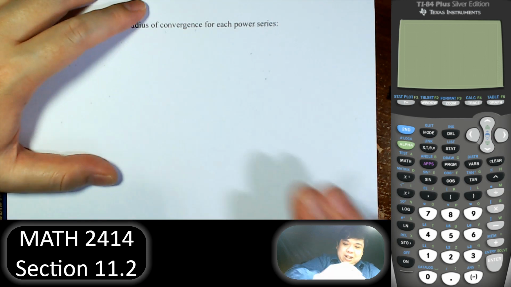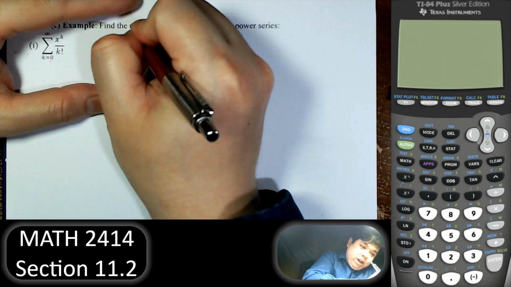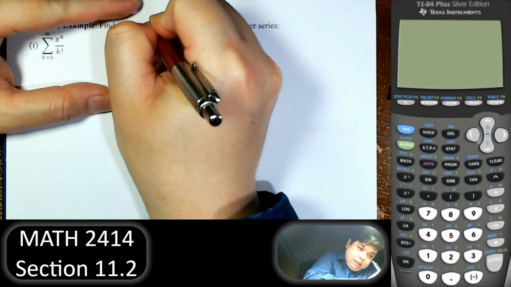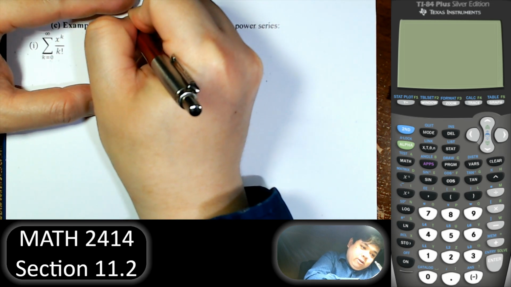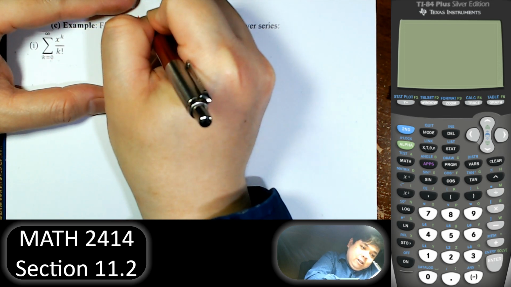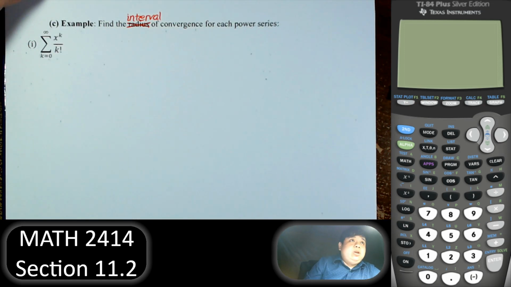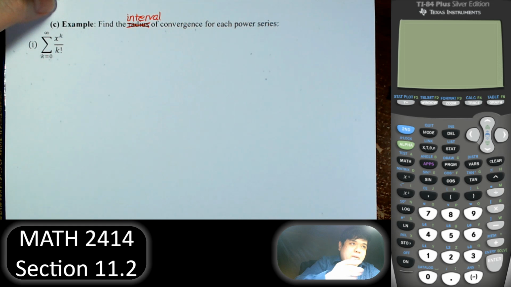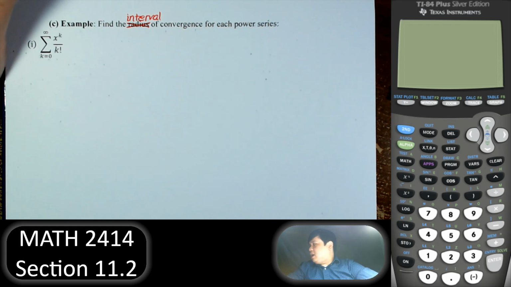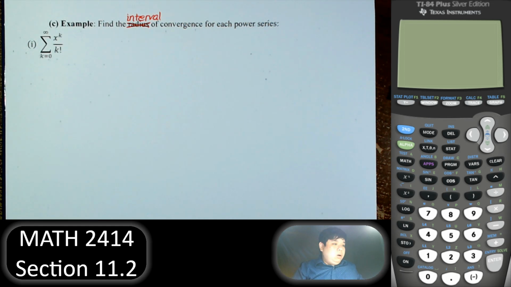We will see it in a minute. But first, please change that to interval of convergence for each power series. Right, check the power series like that. So what do we do here?